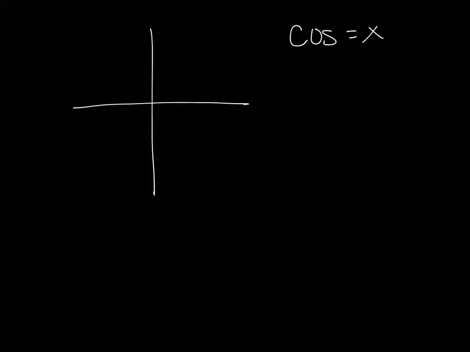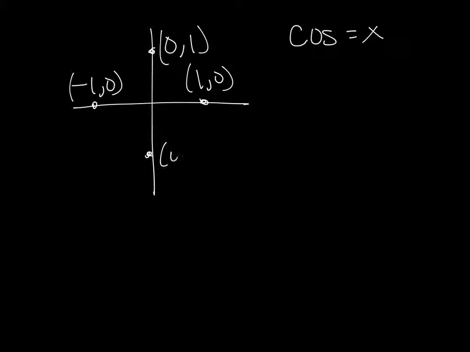Okay, and cosine. If cosine is the x's, and our points were (1, 0), (0, 1), (-1, 0), and (0, -1), then cosine will look like this. 1, negative 1, set on my scale here.